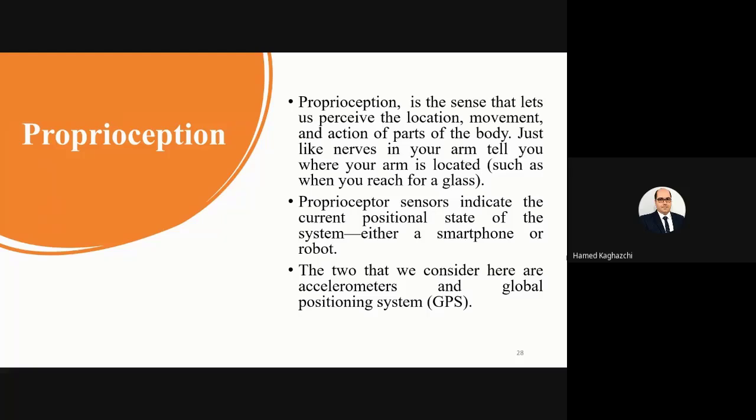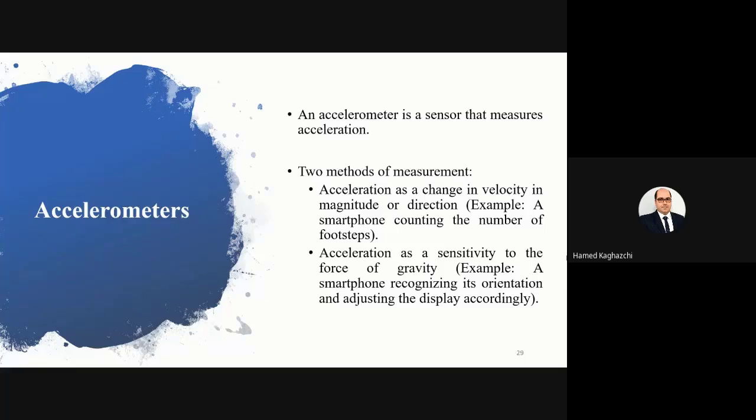The first one is the accelerometer, and the second one is the global positioning system, known as GPS. Okay, let's talk about the accelerometer.